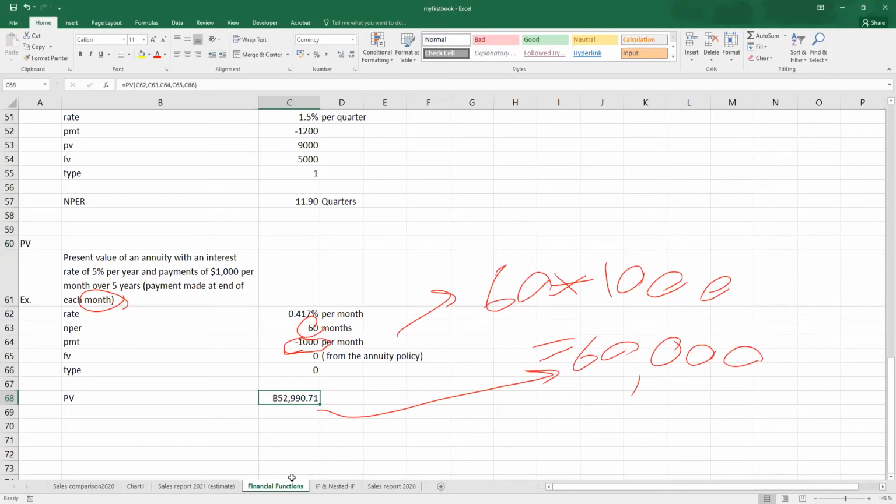If you withdraw the money now, you get less money, 52,990. That's why the annuity insurance policy doesn't allow you to withdraw the money before; if you withdraw, you get less amount immediately.